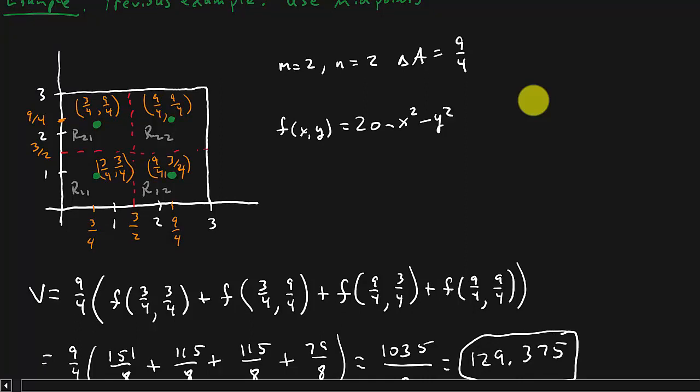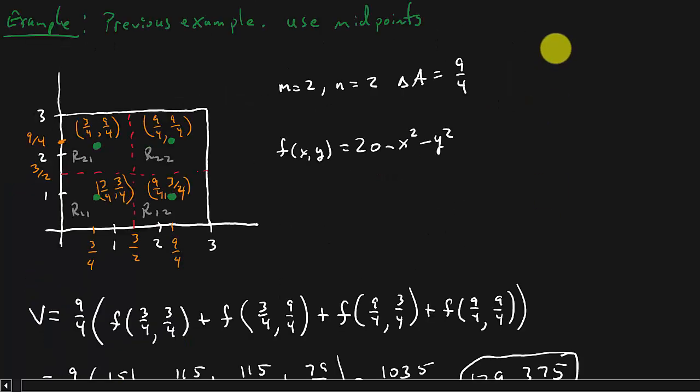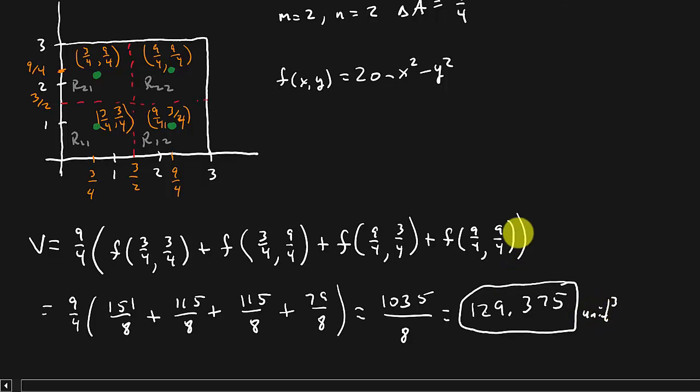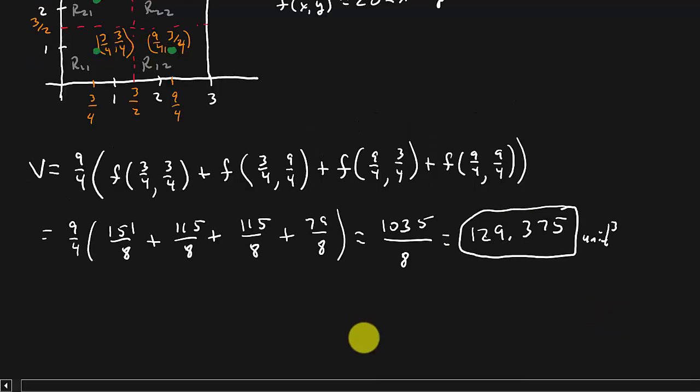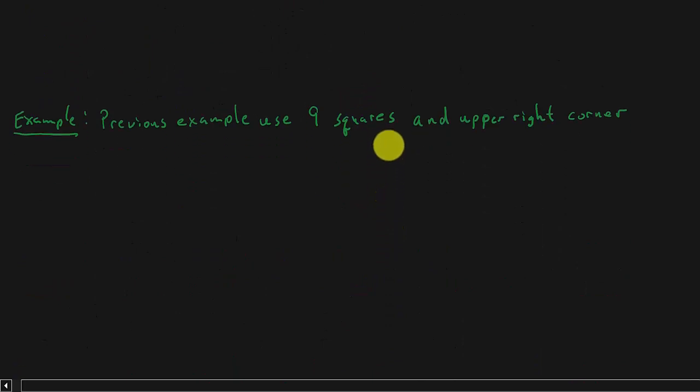And remember, this is a box, so this is units cubed, whatever the unit is, cubed. All right, so there's the one using midpoints, and there's one using upper right corners. Let's see the next example.